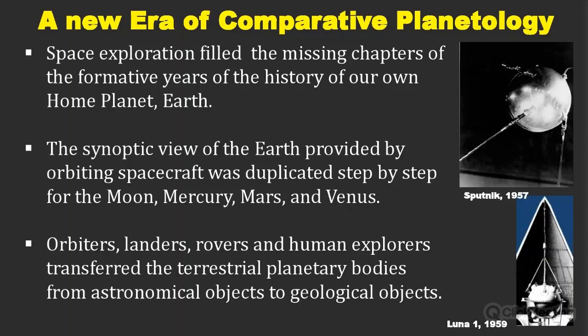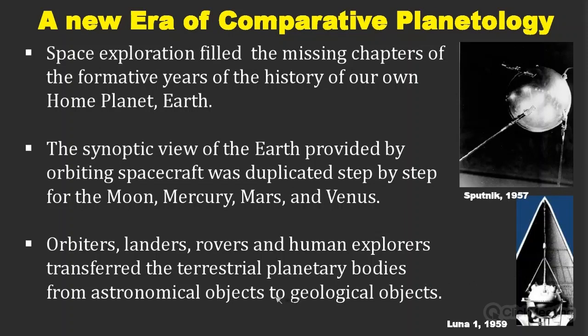First we had missions to our own planet, and the same understanding we tried to implement on other planetary bodies. We did not just limit ourselves to orbiter missions, but also included landers, rovers, and in the case of Moon, human exploration, that helped us understand each terrestrial planetary body in detail.